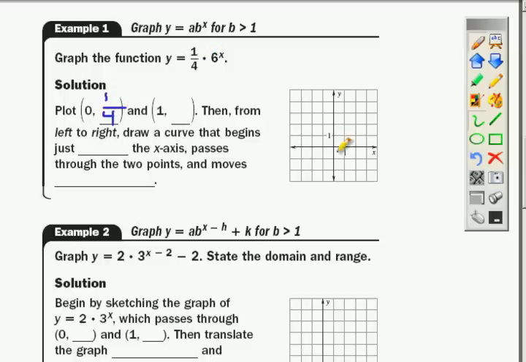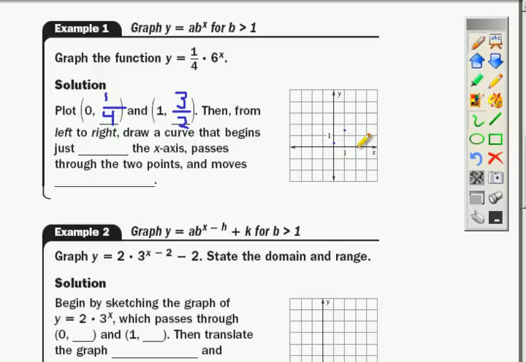So I have the point (0, 1/4), which is maybe like right there. When I put 1 in there, 6 to the 1 is 6. 6 times 1/4 is 6/4 or 3/2, or 1.5 is what your calculator would tell you. And so at 1 we have 3/2.